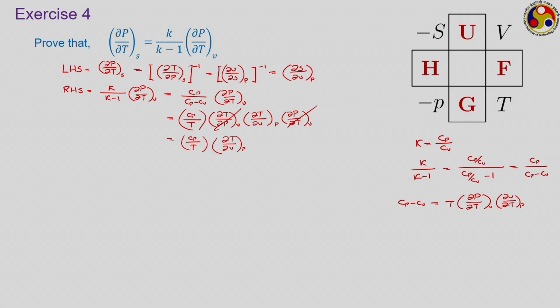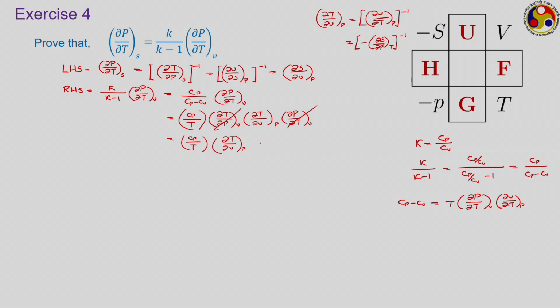So, we can't get this from Maxwell's equation, but again here we can make use of the reciprocity, that is ∂T/∂V at P can be written as ∂V/∂T at P, inverse of that, and ∂V/∂T can be written using Maxwell's relation as ∂S/∂P at constant T, inverse of that.